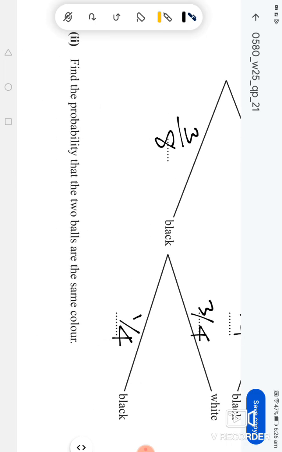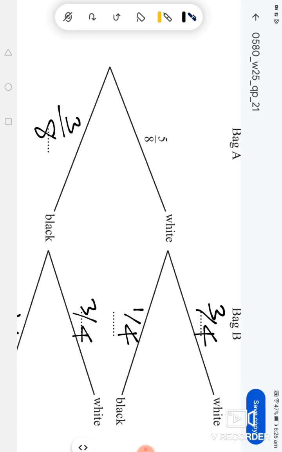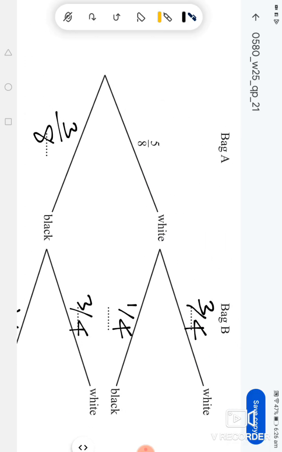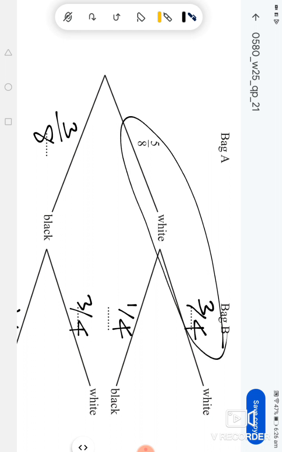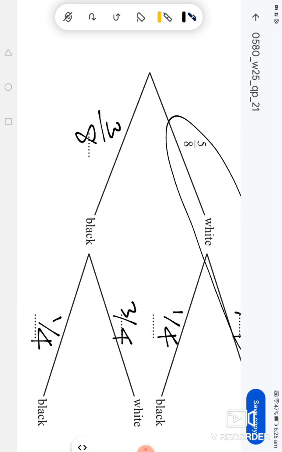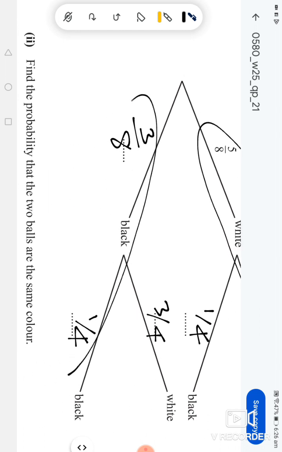Find the probability that two balls are the same color. So white, white, this one, and black, black, this one.